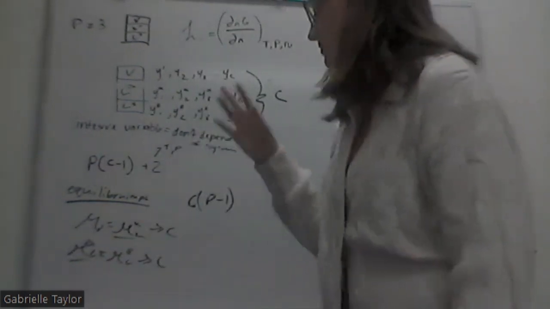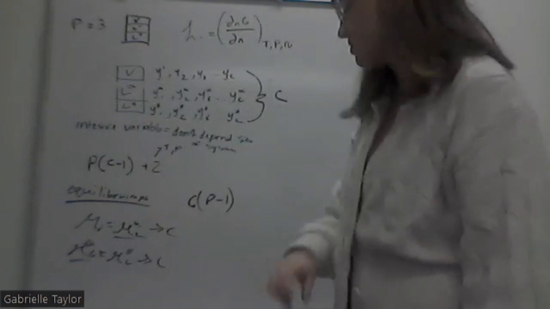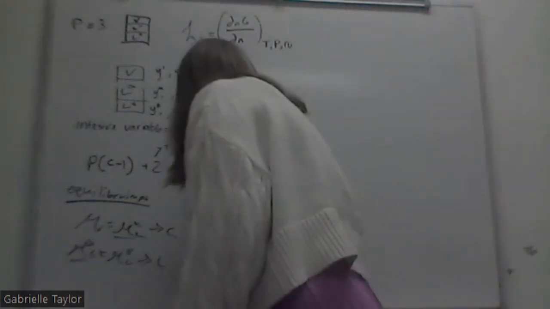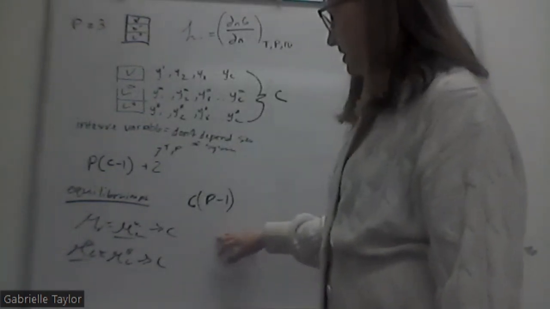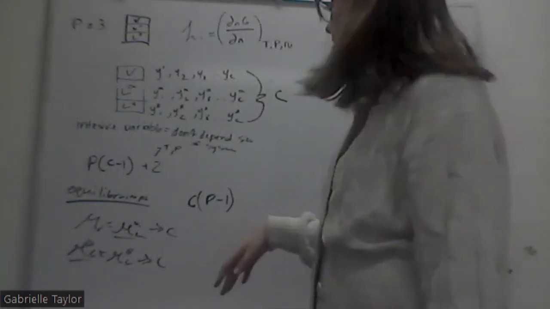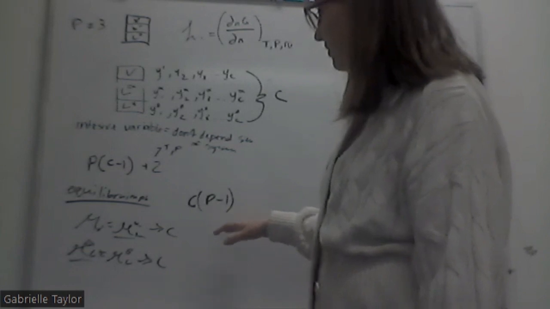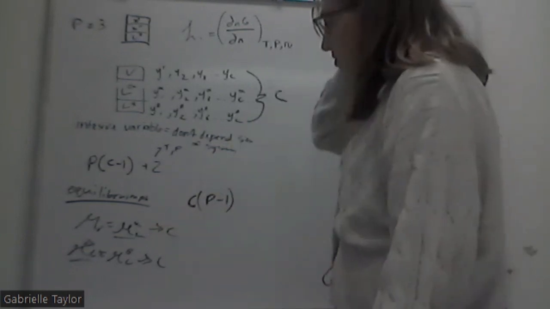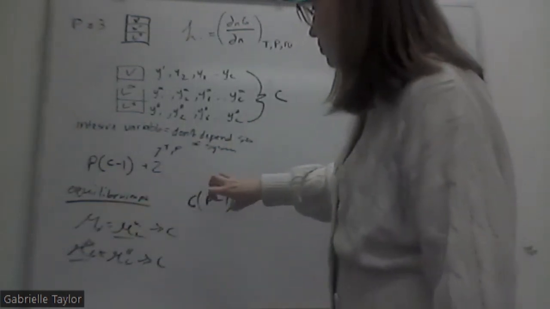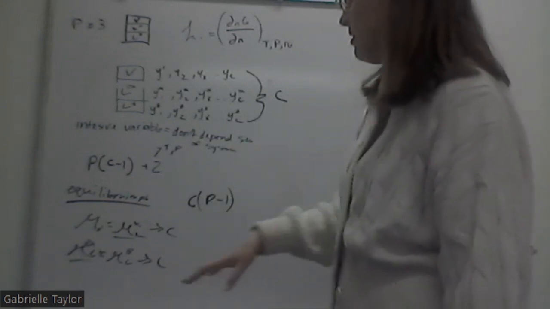We don't want it to be redundant. And so this is going to be the equivalence of our chemical potential. These are all going to equal each other.